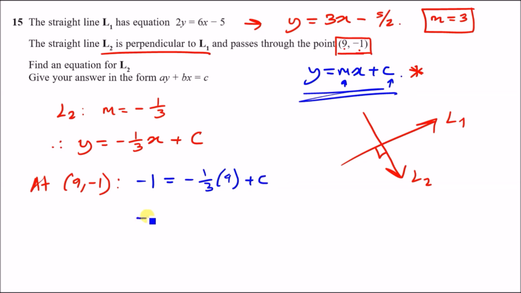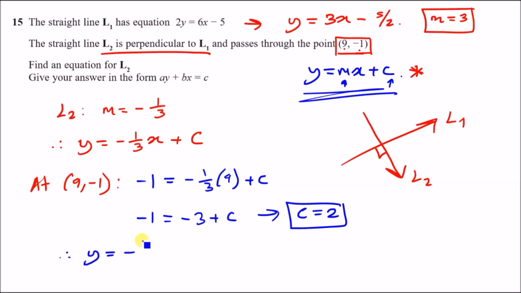Simplifying that, minus a third times 9 gives us minus 3, leaving plus c. Then adding 3 across, minus 1 plus 3 is 2. So c equals 2. So updating our equation, we now have y equals minus a third x plus 2.